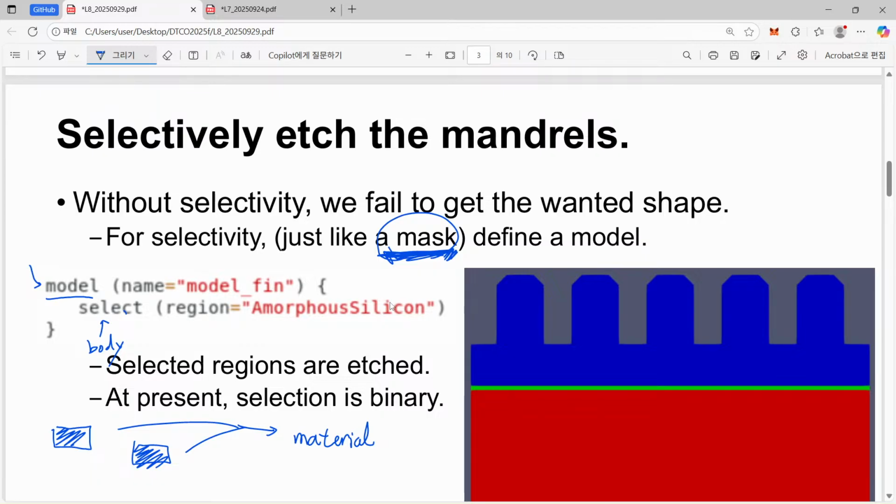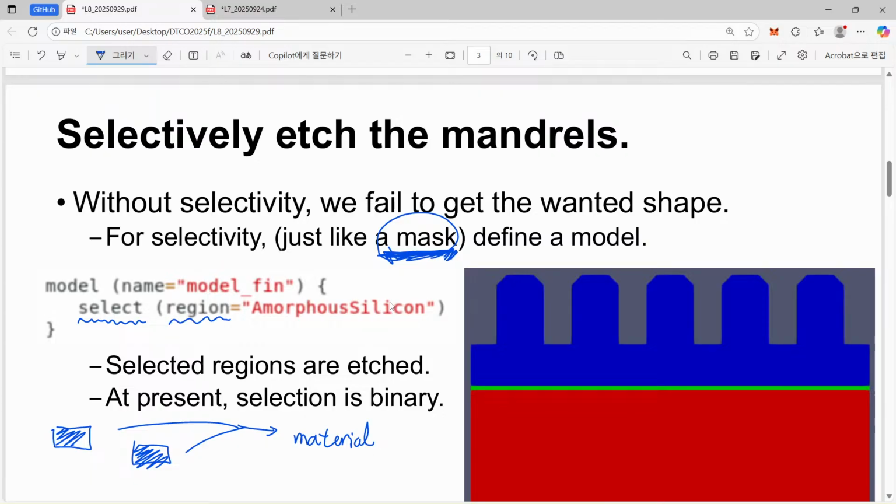And here we have the body corresponding, setting the selectivity. When you just make this model, actually no material, no region is selected. So in order to make something effective to a certain region, you have to call this body select, and the region name is specified.